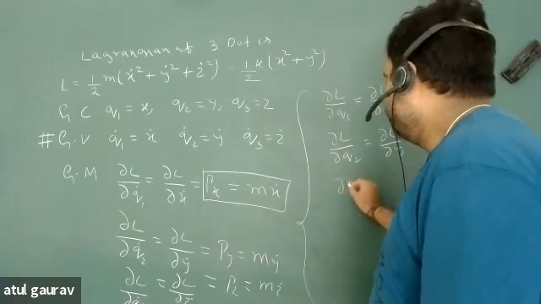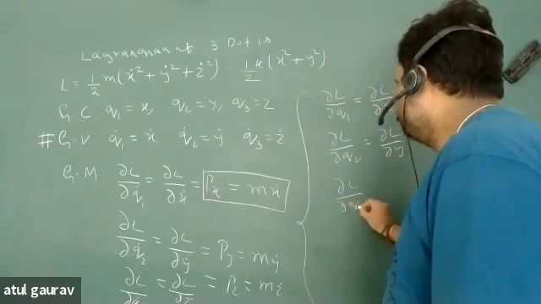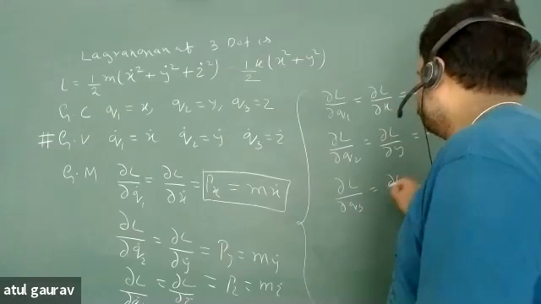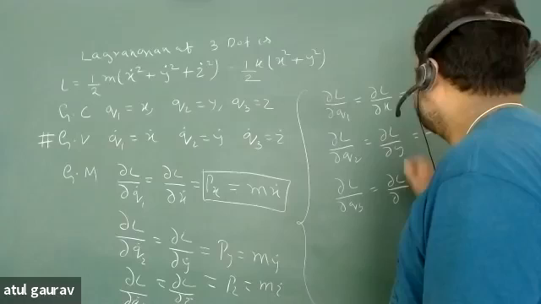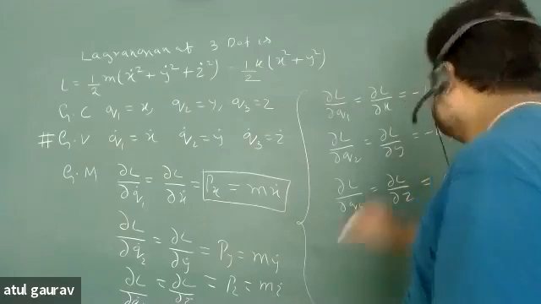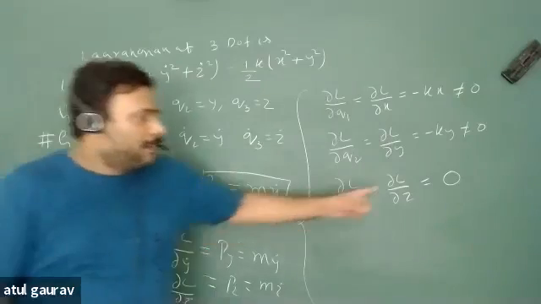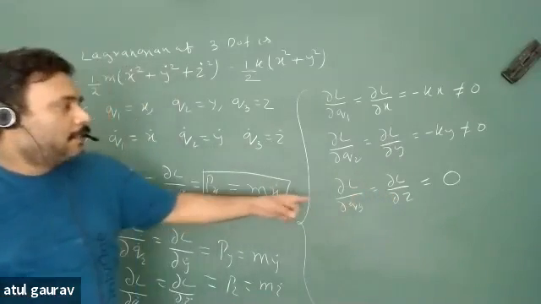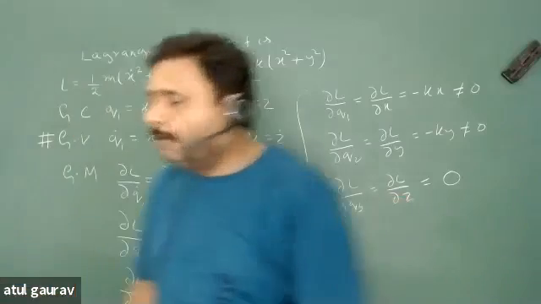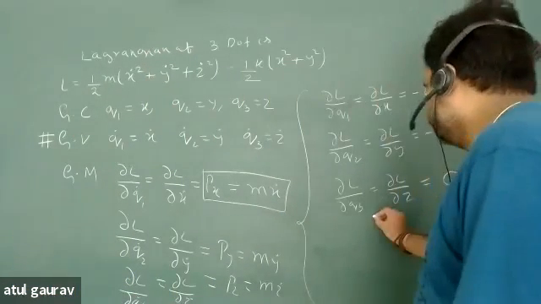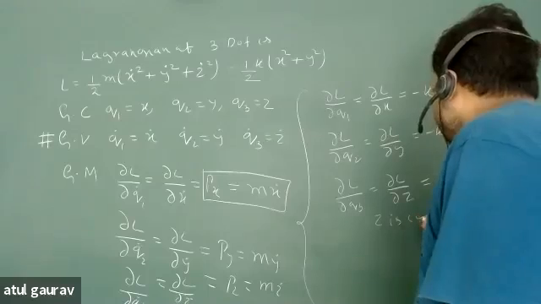Now del L upon del q3, sorry, del L upon del z, will be 0. You can see that even though z is a generalized coordinate, it will be identified as a cyclic coordinate. So z is a cyclic coordinate.